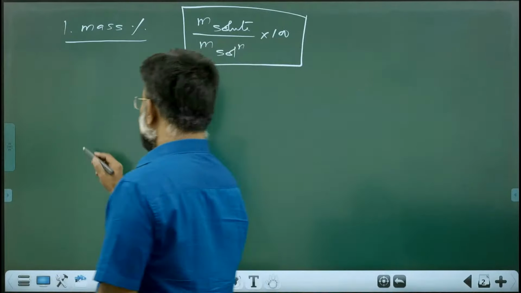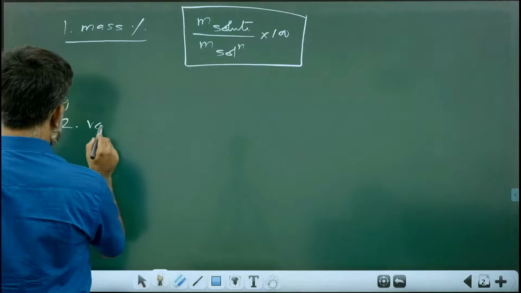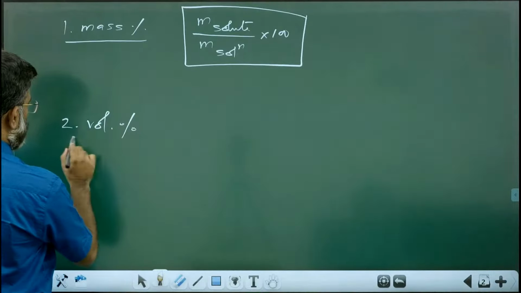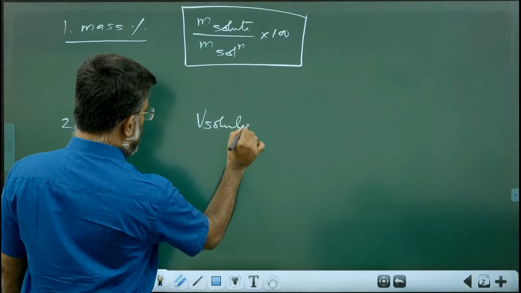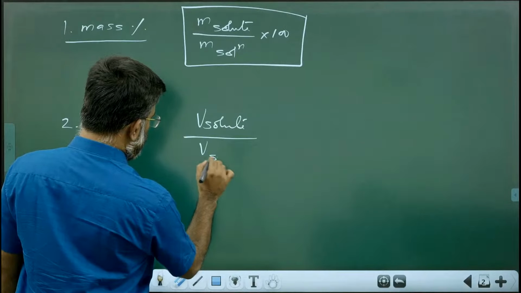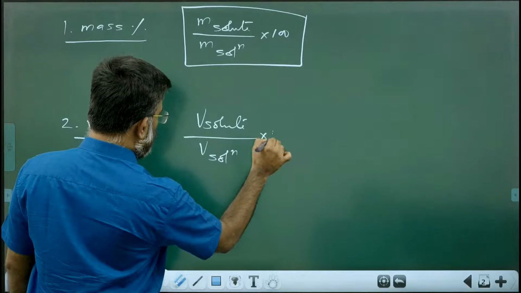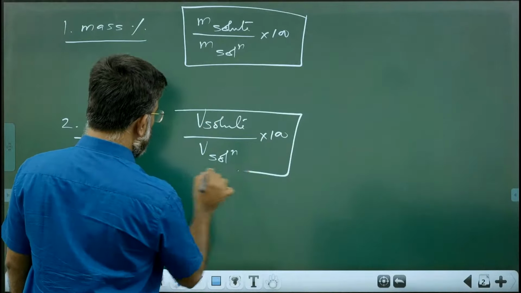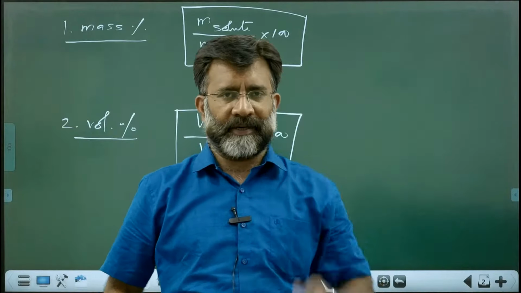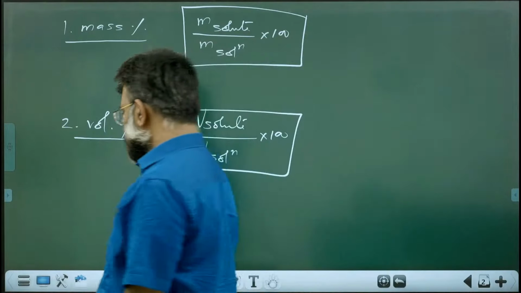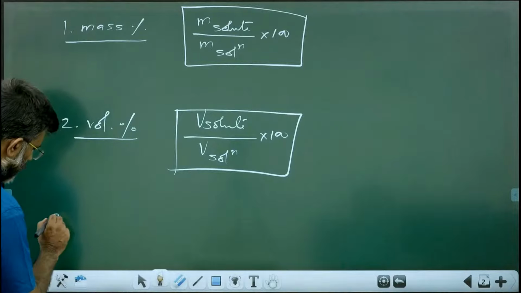Number two, volume percentage. What is volume percentage? Volume of solute divided by volume of solution into 100. That is volume percentage. So mass percentage, volume percentage, mass volume percentage.